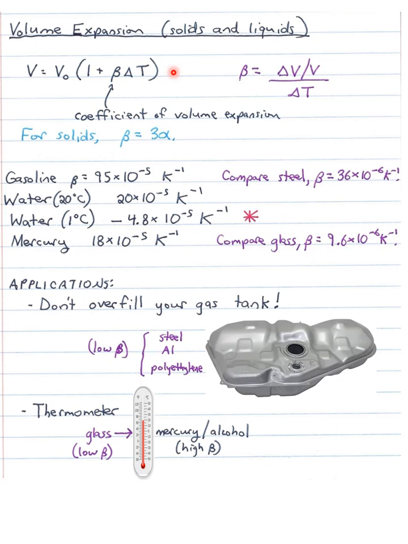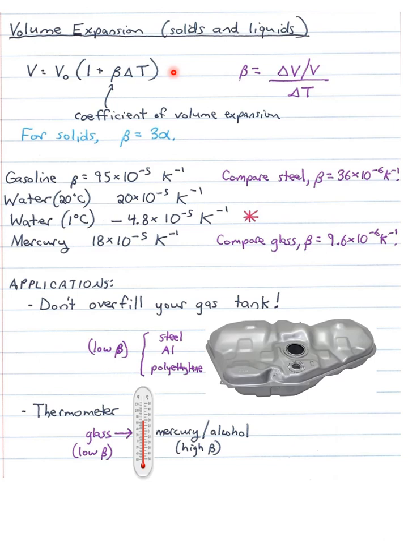Water at 20 degrees Celsius. Now, water is very peculiar, and for reasons I'll get into at the end of the section, all life on Earth relies on this peculiarity of water. But look at this, water at 20 degrees Celsius, its coefficient of volume expansion is 20 times 10 to the negative 5, meaning the volume will expand at a rate of 20 times 10 to the negative 5 for every degree that it goes up.